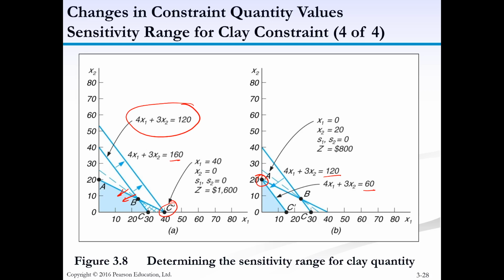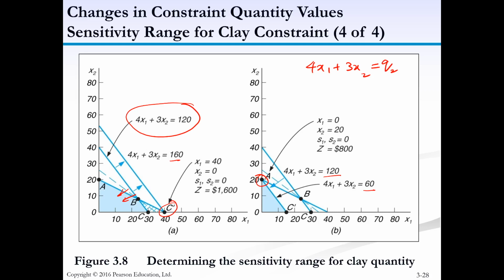So again, we have the original constraint 4x1 plus 3x2 equals 120. We want to establish the range. Let's call the second constraint's right hand side quantity Q2, and we want to see how much Q2 can change.